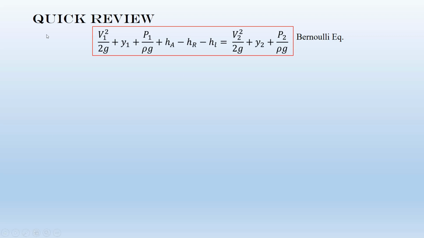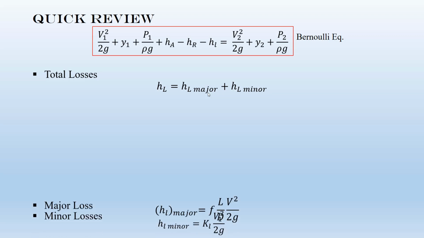In this equation, you need to calculate the losses, HL. If you remember, the total losses is a combination of major losses and minor losses. Major losses are due to the pipe lengths, and minor losses are normally due to bends, valves, elbows, connections, expansion, contraction, and these elements in the piping system.